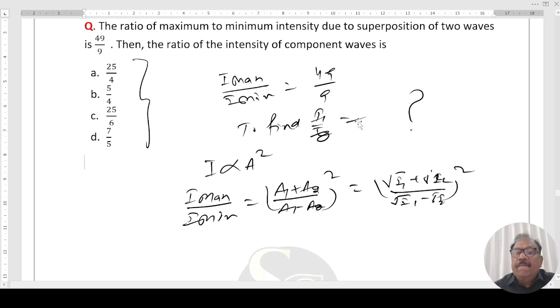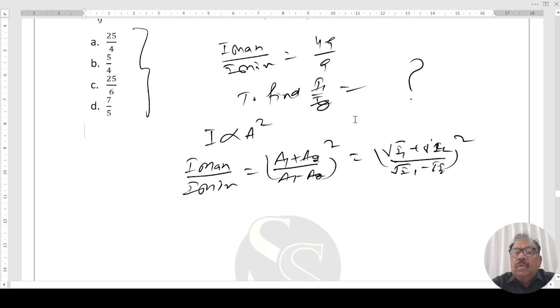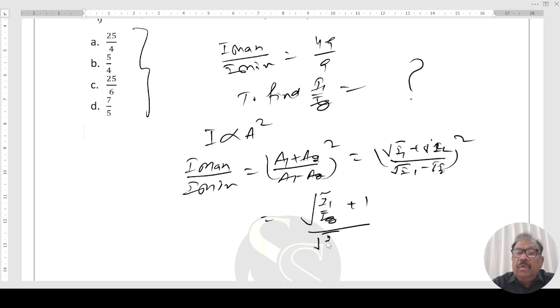Right? Now, that can be written as root of I1 upon I2 plus 1 upon root of I1 upon I2 minus 1, whole square. That is I maximum upon I minimum.